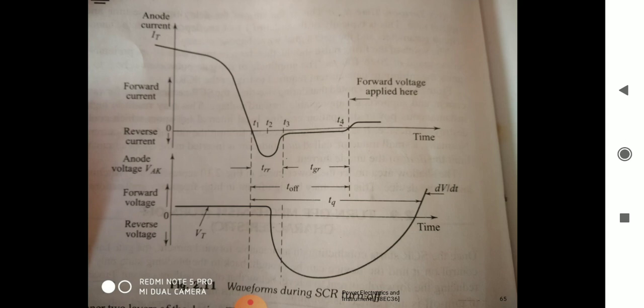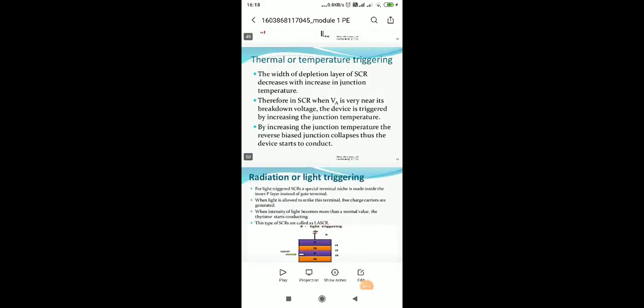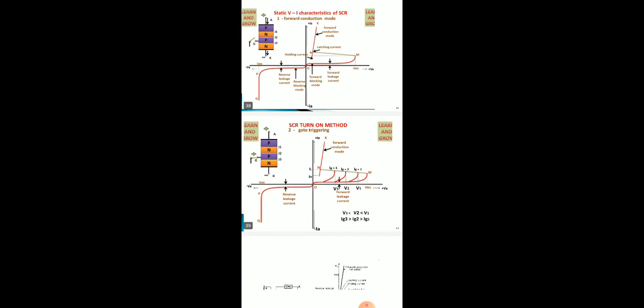Remember the VI characteristics that we studied. In this graph, as you can see, Ig1, Ig2 as well as Ig3 are the gate currents that we applied.